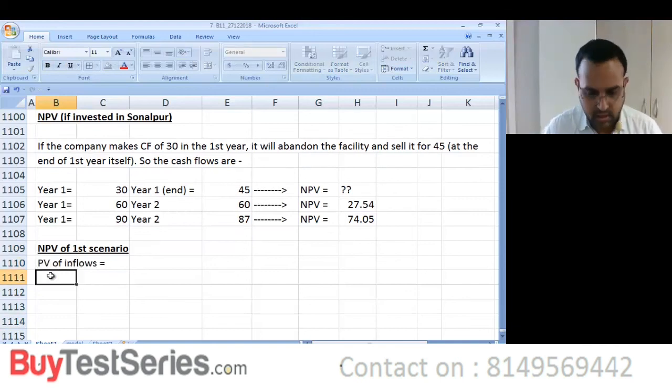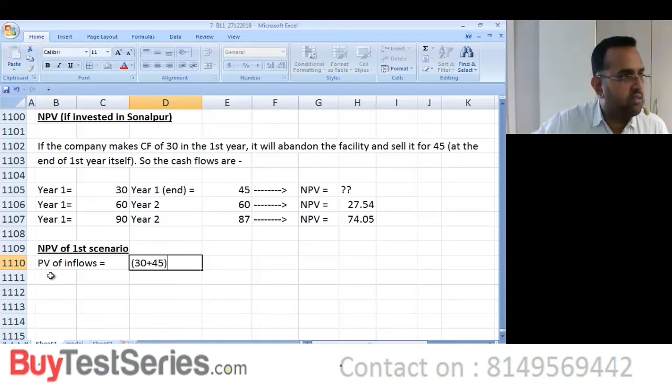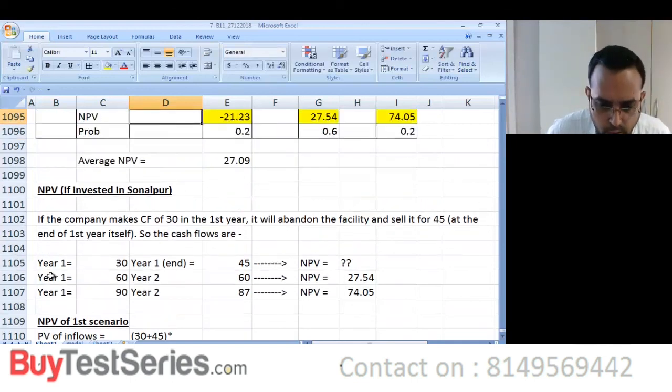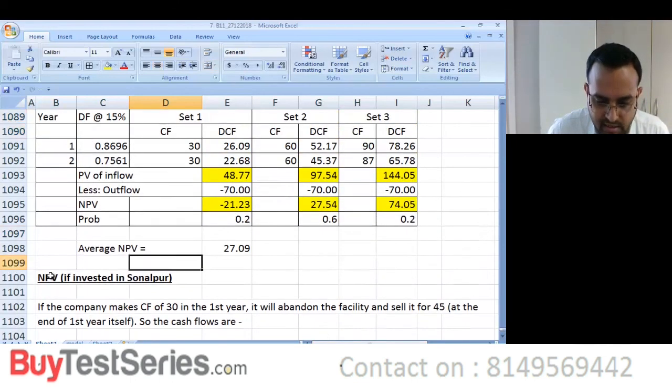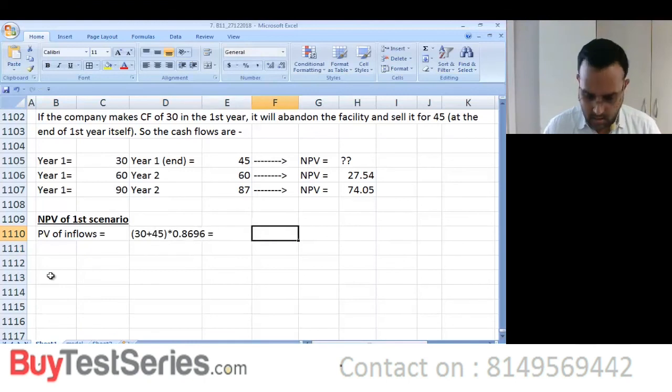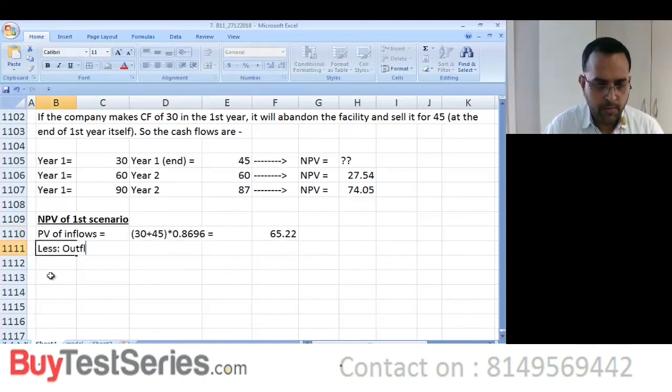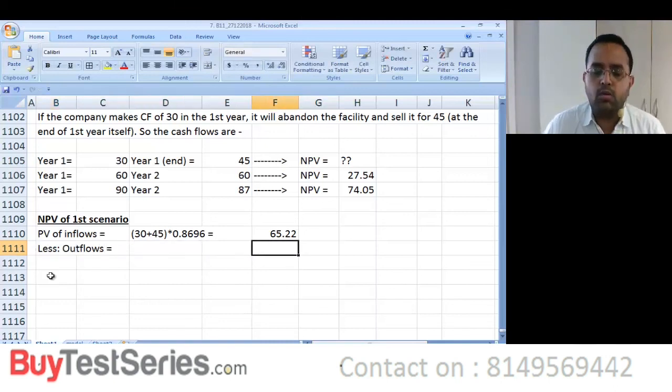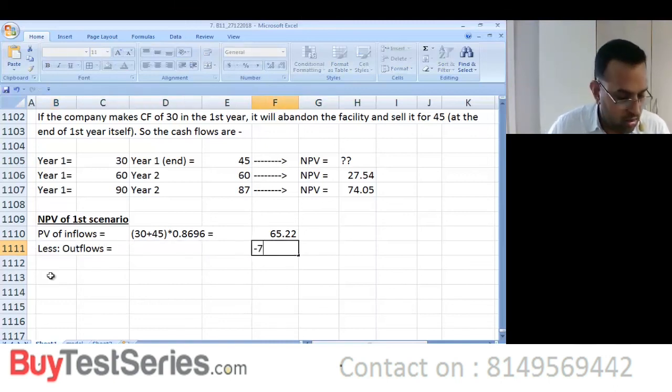Present value of inflows is equivalent to 30 plus 45, correct? Both you will receive at the end of first year, isn't it? Multiplied by, what is the present value factor? What is that? 0.8696. $65.22 less outflows. What is the outflow? 70.